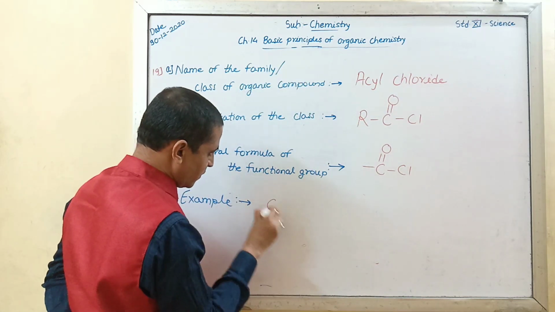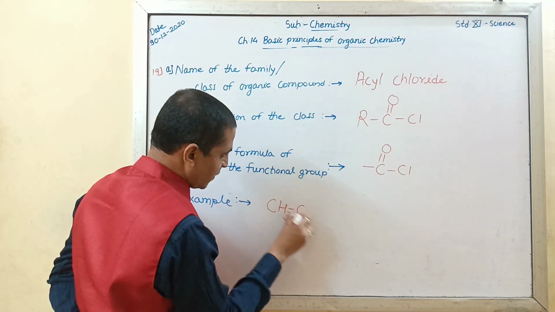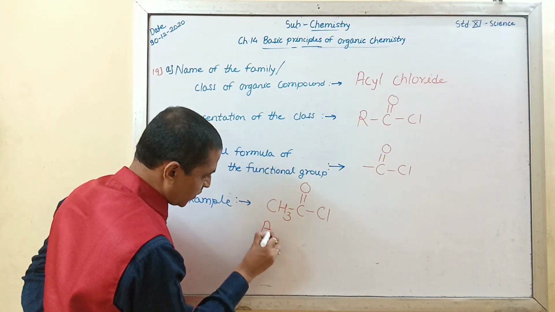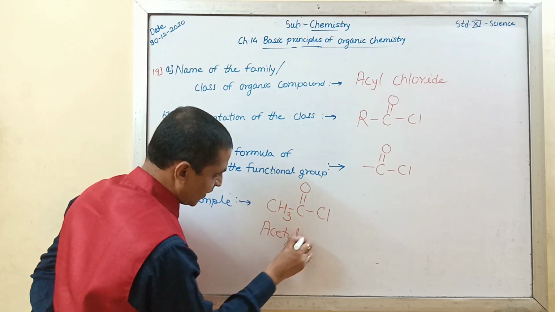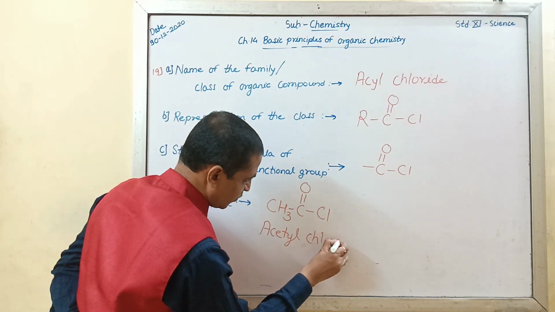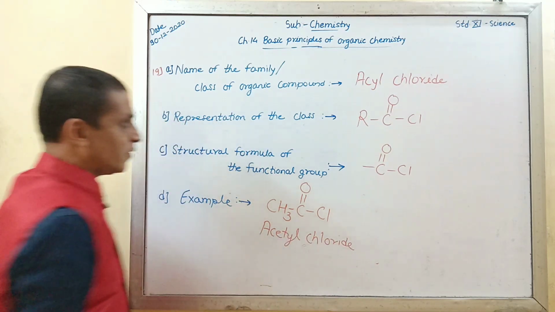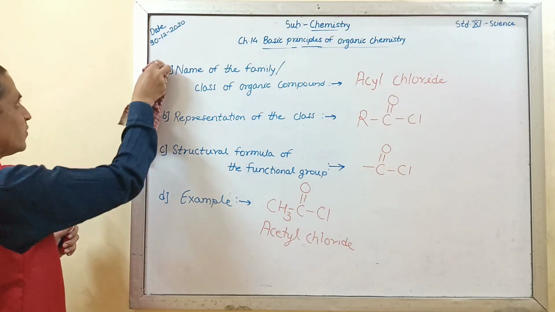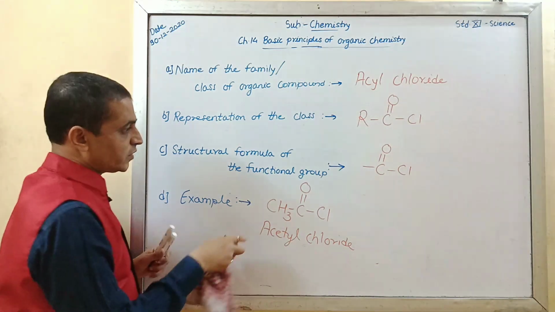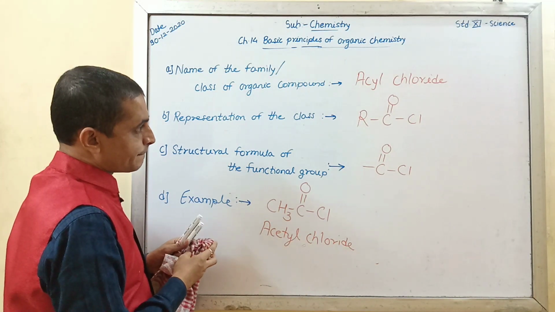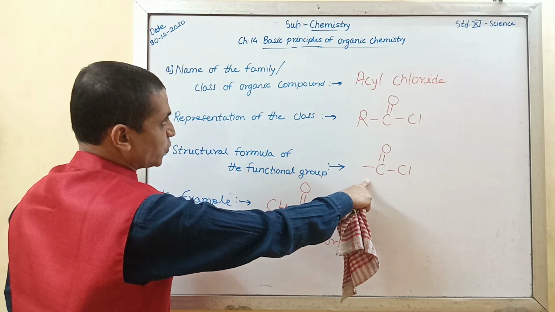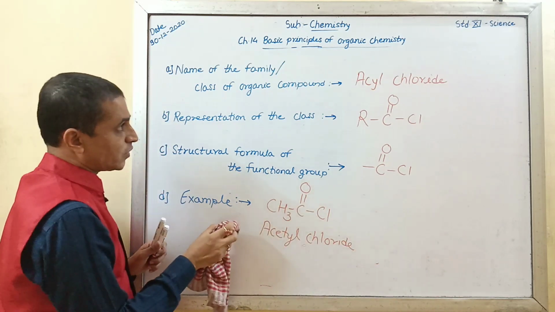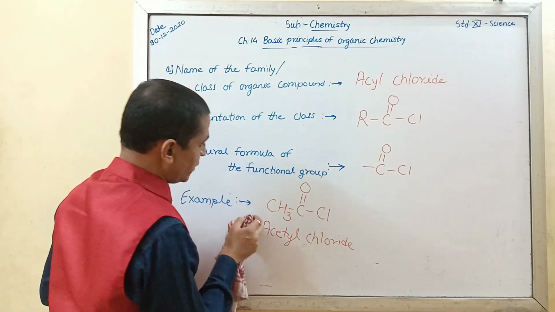So see the example. It is written as CH3COCl. The name of this compound is acetyl chloride. Now we will proceed to the next. Note this down carefully. This is the structural formula of the functional group for the class acyl chloride.